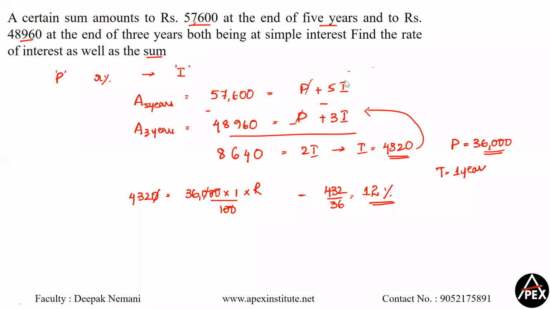Instead, if you can identify that the interest will be the same for all the years, your job will be easy. So the answer for this question should be 12% and 36,000. Clear, guys? Quick responses, please.